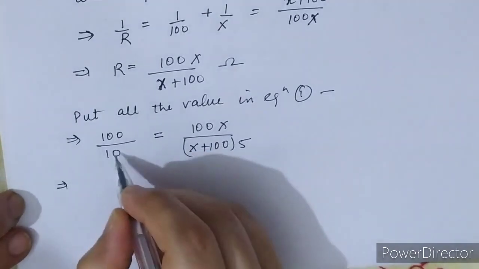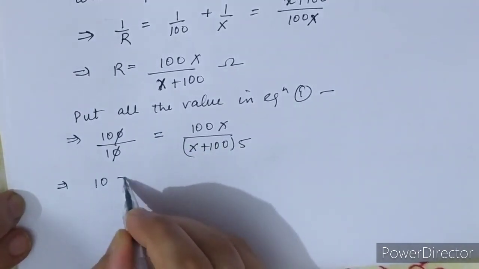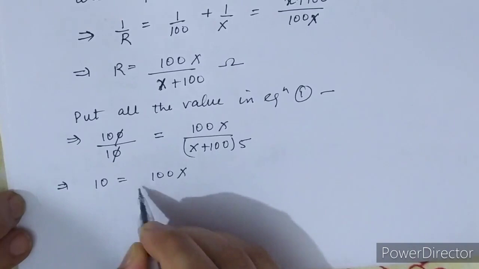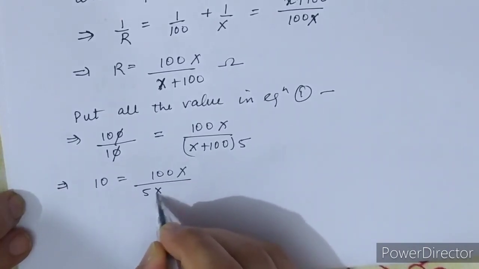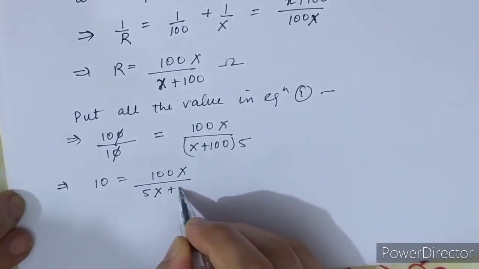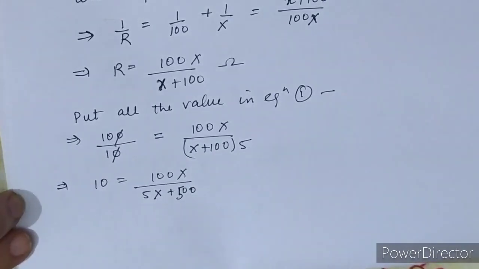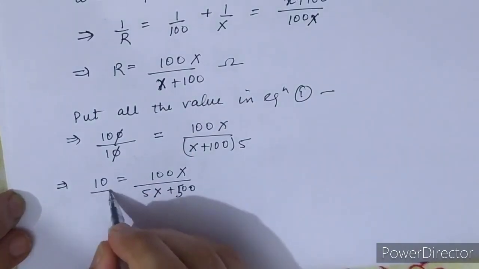Resolve this. 10 equals 100X upon 5X plus 500, that is 5 into X plus 5 into 100. Cross multiply.